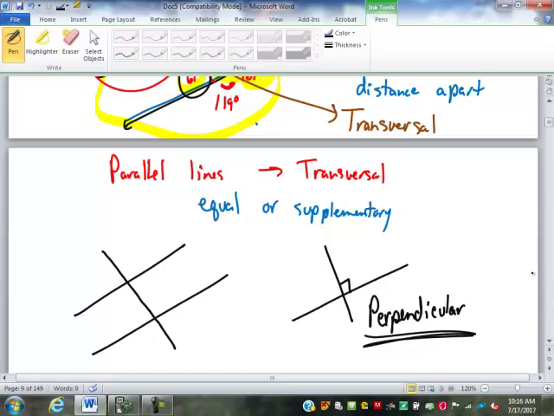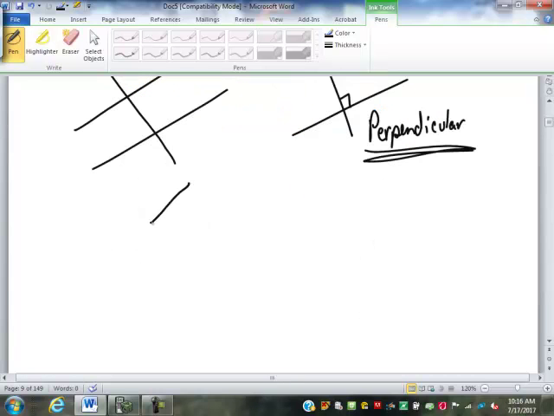For example, if you have a piece of paper and a line coming out of that piece of paper, it's perpendicular if no matter what direction you measure it, that line is at a right angle to the paper. So it's a right angle in every measurable direction is what perpendicular means.